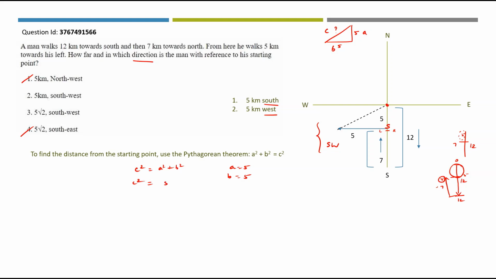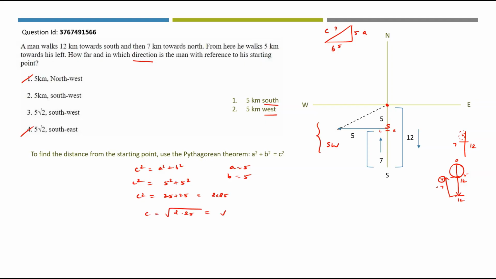c square is equal to 5 square plus 5 square. This will give you 25 plus 25. 25 plus 25 can be written as 50. Otherwise, you can write it as 2 into 25. Since we are going to compute the square root, I am just writing it in the form of 2 into 25. This is c square. What about c? Square root of 2 into 25.